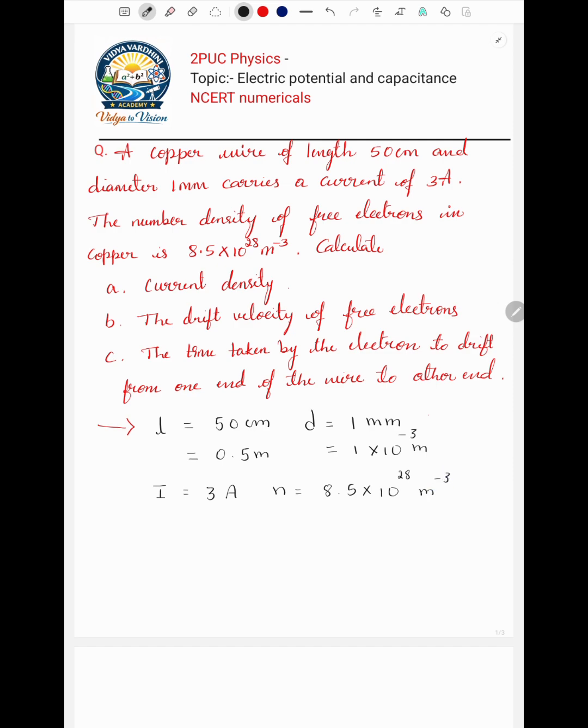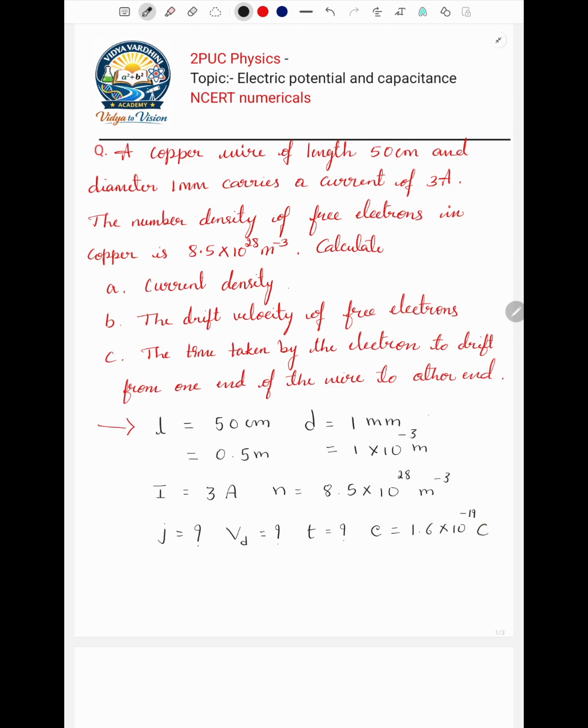Okay, then they have asked us to calculate the current density J, the drift velocity Vd, and then the time taken by the electrons to drift from one end to the other end, that is T. These three things we have to calculate, and we also know that the charge of an electron e is equal to 1.6 into 10 raised to minus 19 coulomb. This is the charge of an electron.